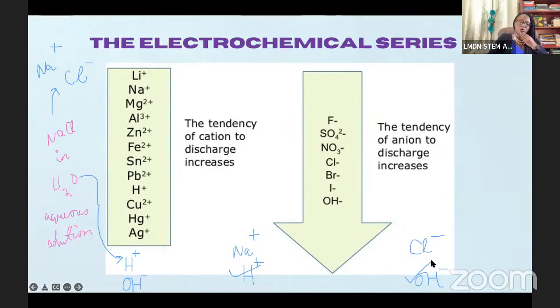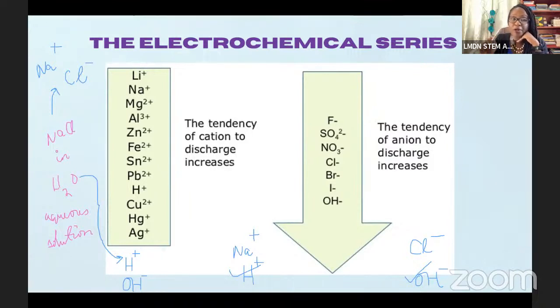So there are two examples that you have to study in particular, keeping in mind that this is how you do the analysis. You write out all your cations and you write out all your anions, and you use the electrochemical series to decide which one is going to win.